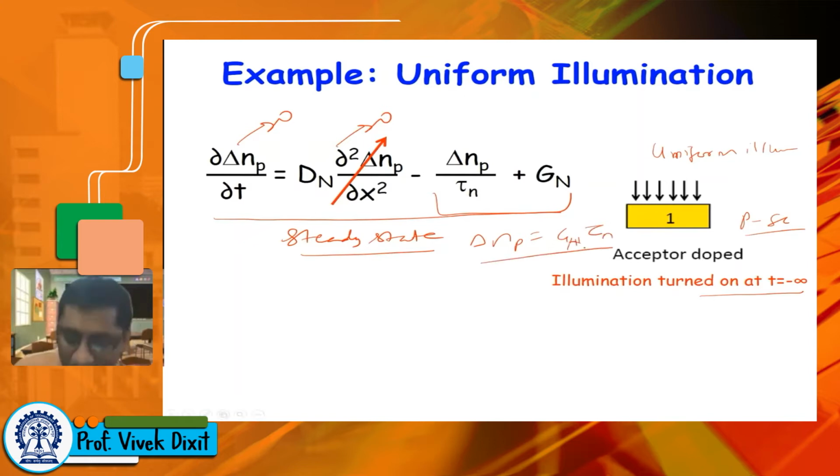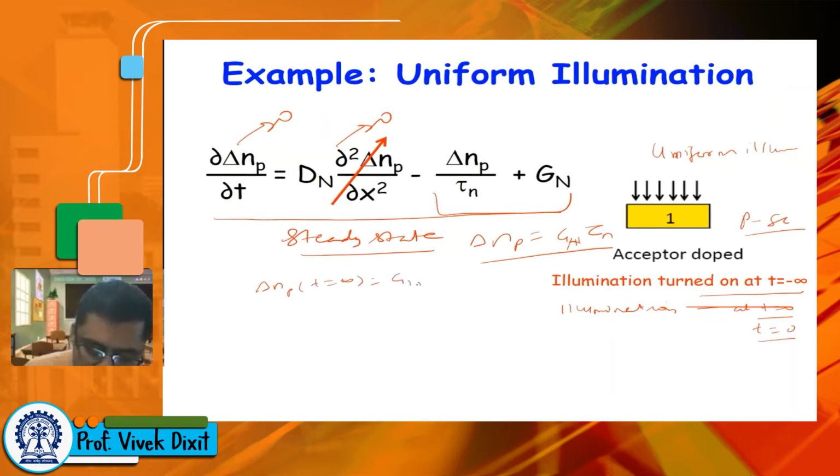Now let's say illumination is turned on at t equal to 0. That means delta n at t equal to infinity will be gn tau n. And of course it is uniformly doped, so this term will still be 0.